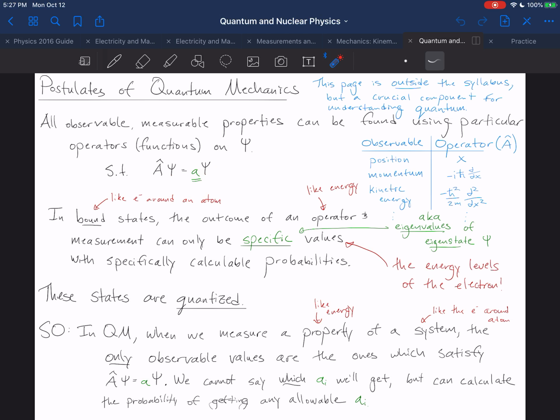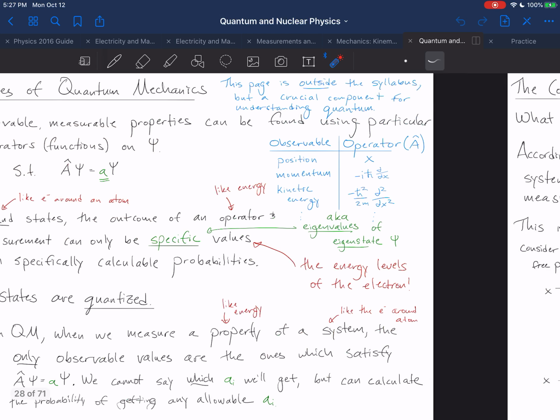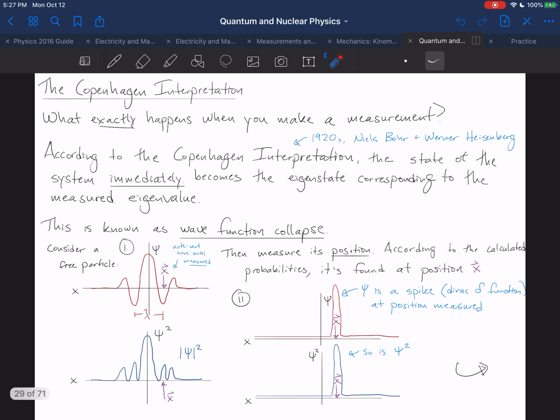So the moment you measure it, you get one of these as your energy, and the wave function becomes whatever it needs to satisfy this equation. That was a loosey-goosey way of describing it, but this process is known as wave function collapse.